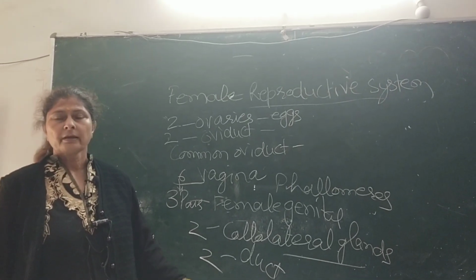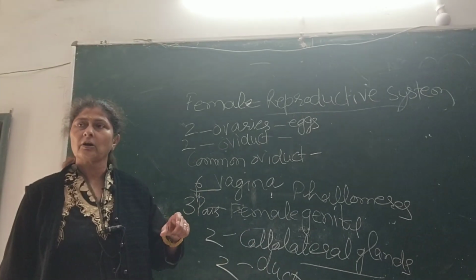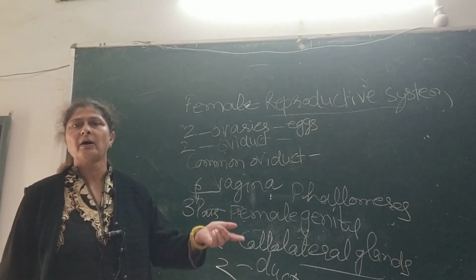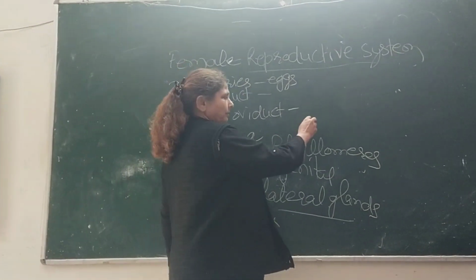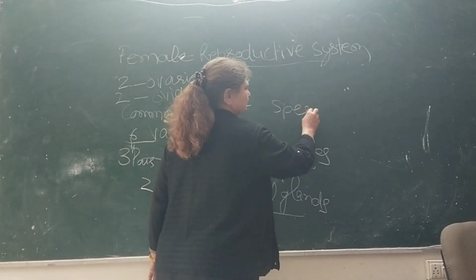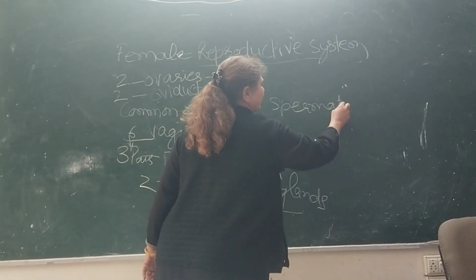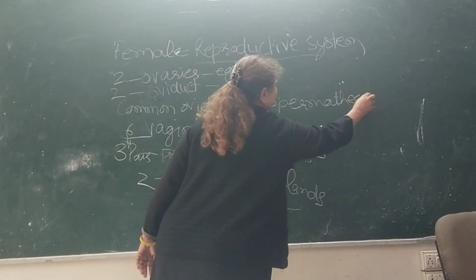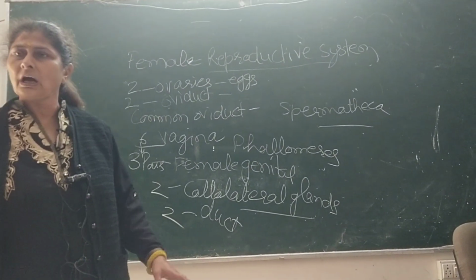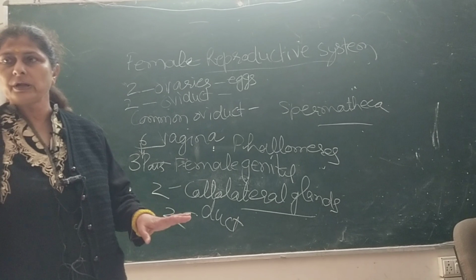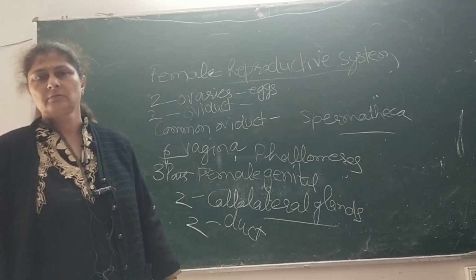spermatheca, which we have already studied in the earthworm also. What is spermatheca? They are again 2 in number, and their function is to store the sperms during the copulation.